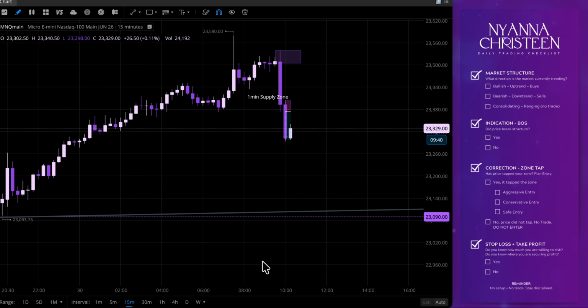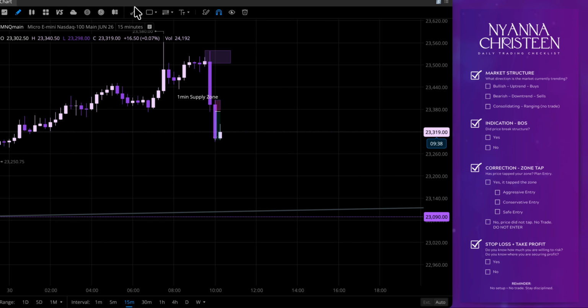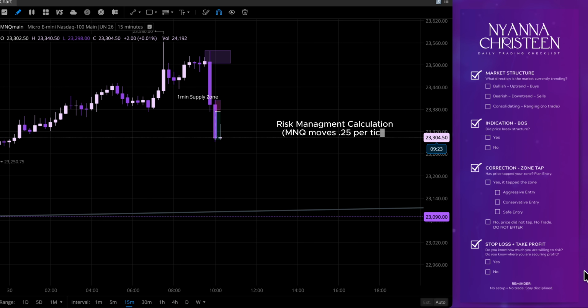I'll type it again. So if you guys remember, on MNQ, each tick is worth 50 cents, and 4 ticks, which is 1 point, is $2.